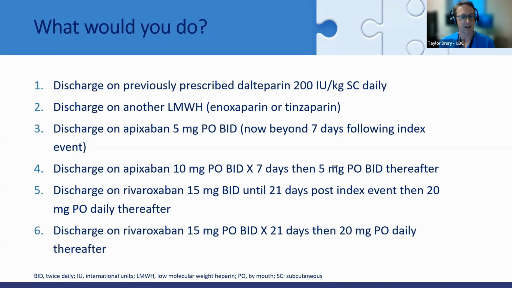But to me, we've removed the clot burden, we've removed the huge nidus of inflammation. She's feeling better. She's 7 days out. I would have no issues with going with the apixaban 5 BID. Yeah. Right or wrong. No data. If there was data, I wouldn't put it in a case.